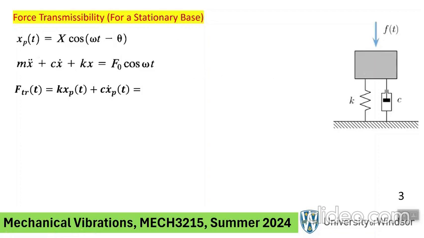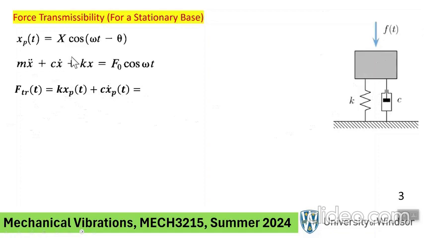Now, keep in mind that the force in the spring and in the damper comes from the fact that this mass is moving, x_p. So the displacement of the mass times k is going to give you the resisting force due to the spring, and the damping constant c times velocity, which is x dot p or x dot, is going to give you the resisting force due to the damper.